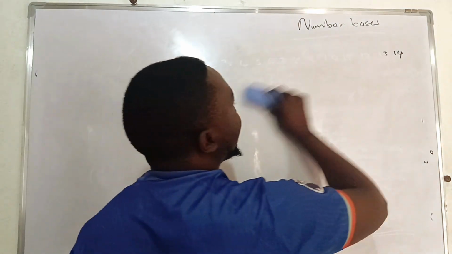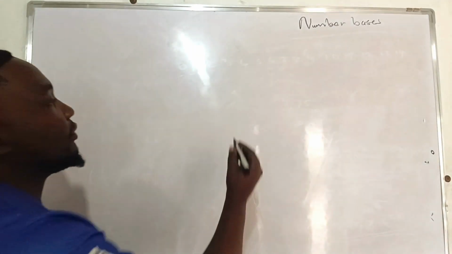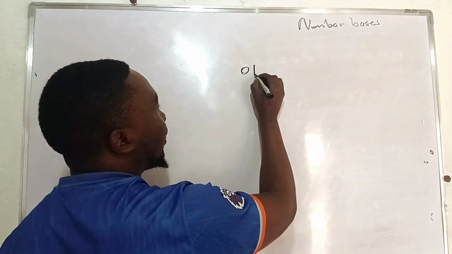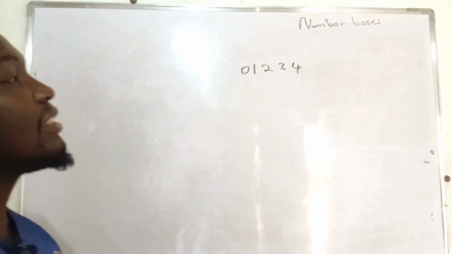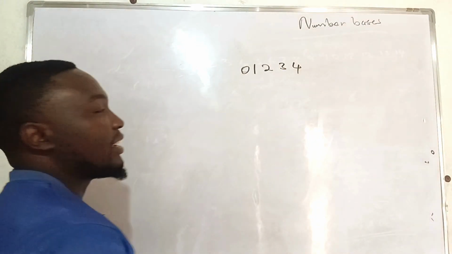So for example, if you are told to count in base 5, you are going to have 0, 1, 2, 3, 4. Then after this, you will return. There is no 5 in base 5.